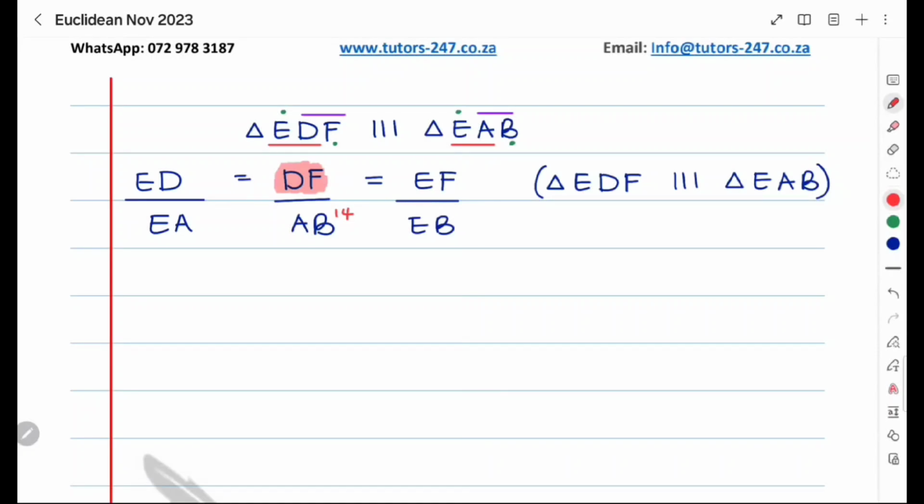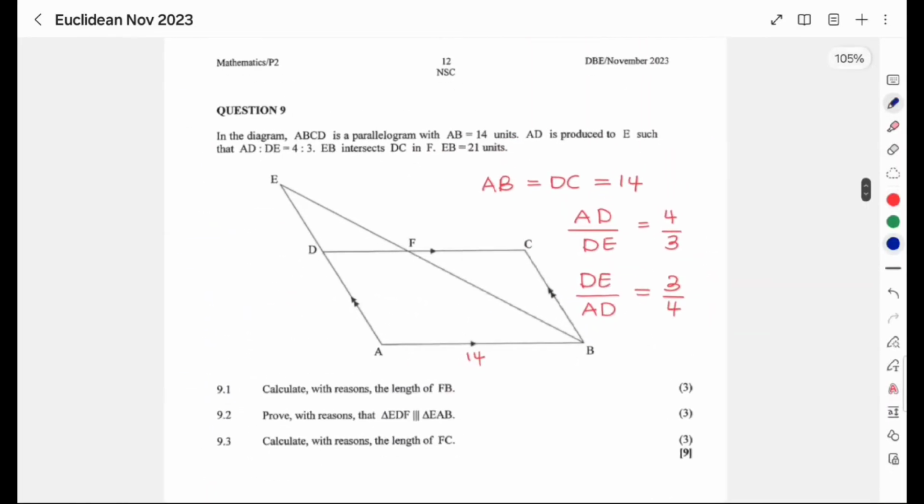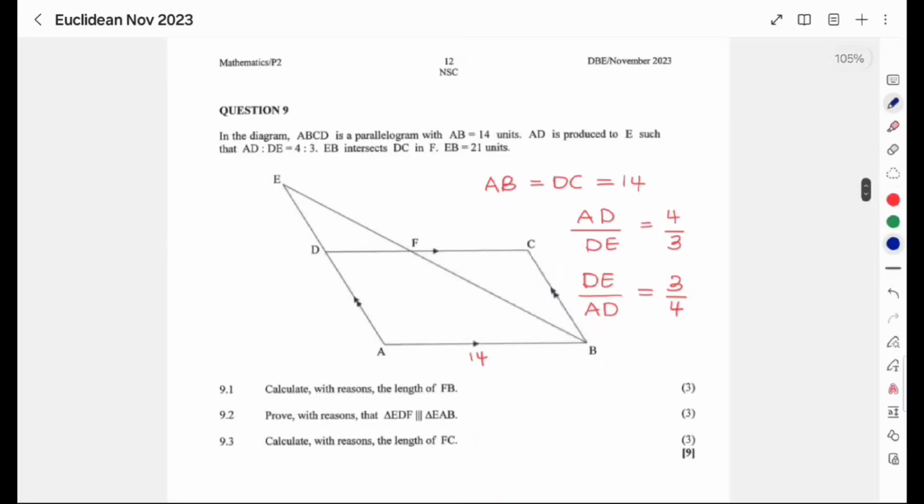Then let us see between the first and the last, ED over EA and EF over EB. Which are we going to use? To identify which we are going to use, we need to identify which sides are known. If you remember from question 9.1, we determined the size of FB. We were also told that EB is 21.